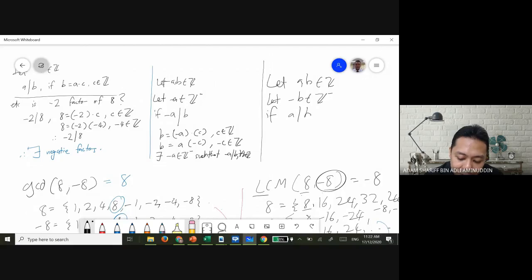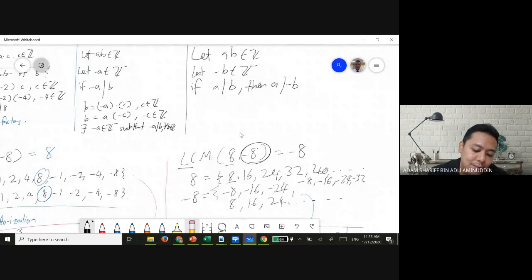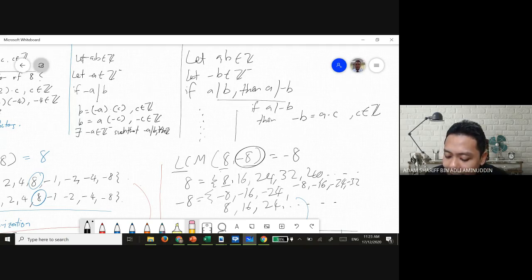If A is a factor of B, I have a theorem that then A is also a factor of negative B. Ini saya punya hypothesis. Of course A is a factor of B. Ini boleh tunjuk nanti. Tapi saya nak cepat, saya nak tunjuk. Kalau A is a factor of negative B, then negative B kita boleh present sebagai A darab C, C adalah integer.